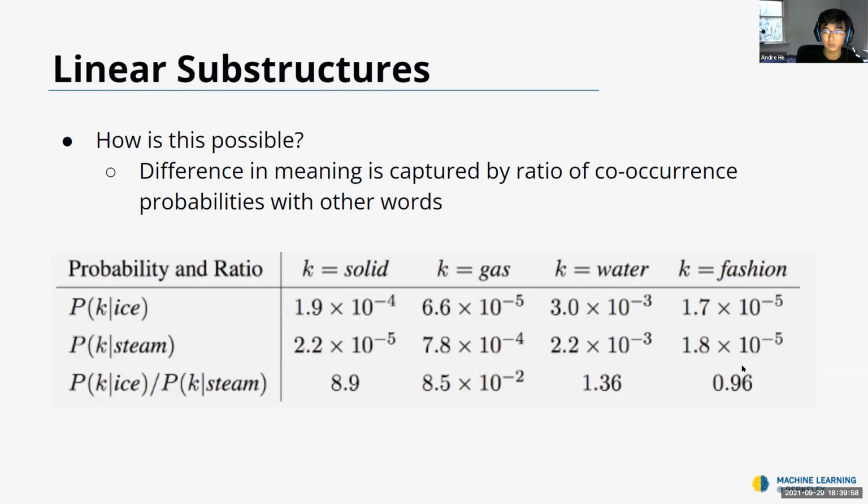And it also doesn't really change how likely you are to find fashion in the same document, because fashion is unrelated, right? So when you exchange these words, you can tell how their meanings are different by looking at how the co-occurrence rate with other words changes.